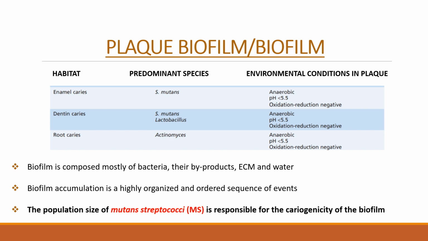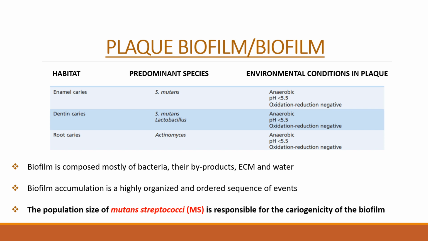It happens over a period of time. Teeth normally have a biofilm community dominated by Streptococcus sanguis or Streptococcus mitis, with significant difference in proportions. Like you can see in the table, I've already mentioned enamel caries, dentin caries, root caries, they all have different predominant species. The population size of MS on teeth varies, and mainly it is MS which is responsible for cariogenicity of the biofilm.